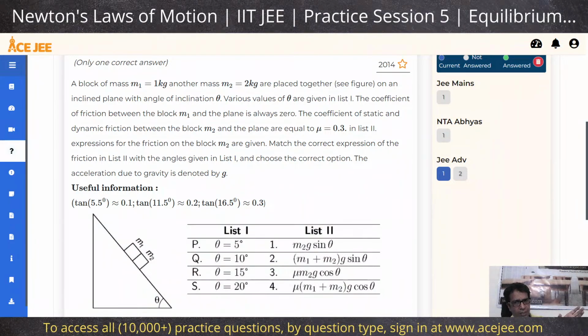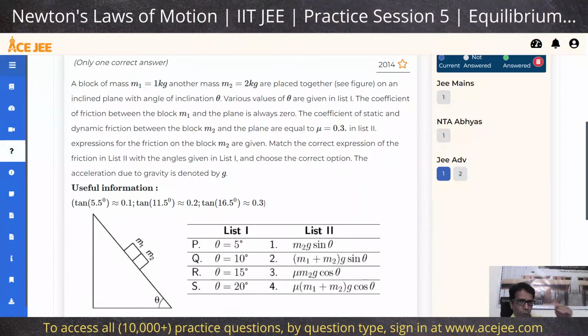That 6 cos theta, or mu M2 g cos theta, has to fight (M1 plus M2) g sin theta. So when (M1 plus M2) g sin theta is equal to mu M2 g cos theta, that's the maximum about-to-slip situation. And when will that happen? You can figure out the tan theta at which that happens.